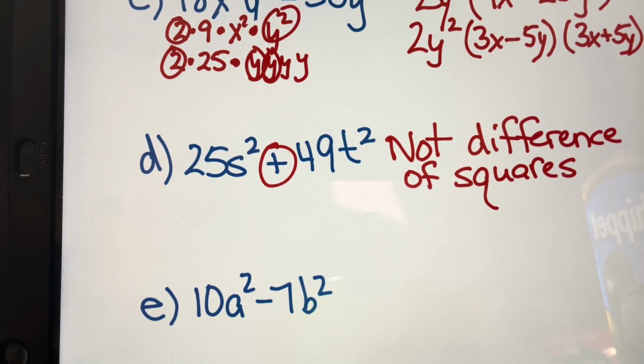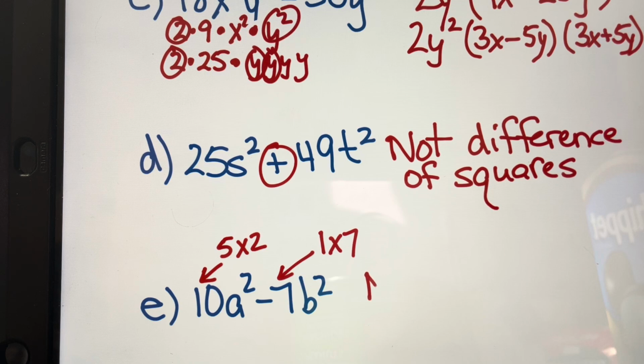For 10a squared minus 7b squared, we can try to factor it, but the only factors of this prime number are 1 times 7. And when I break up my 10, I have 5 times 2. There is no common factor. So I can't pull out a greatest common factor in front of my brackets and then see a perfect square that I can take square root of.